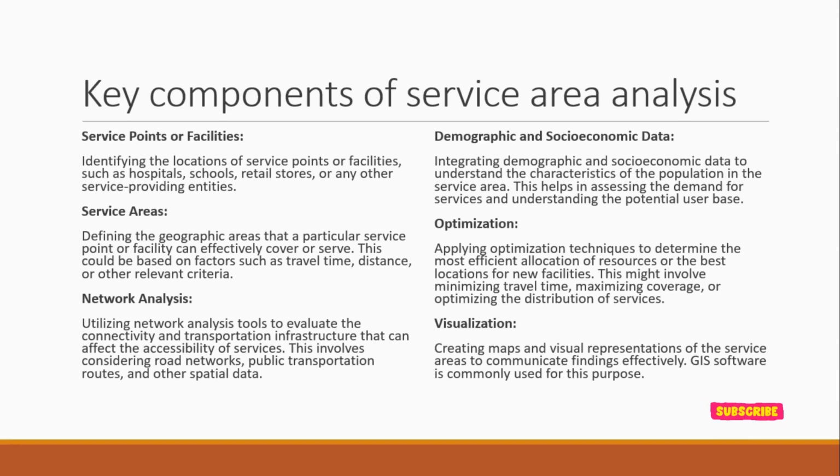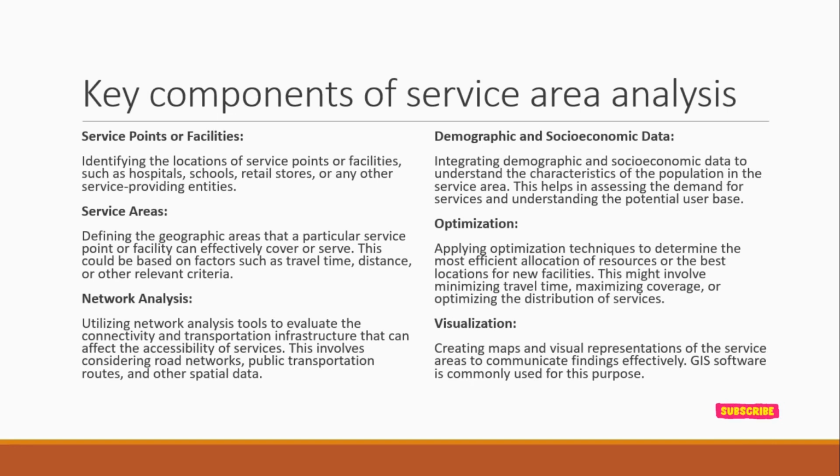So this could be based on factors such as the travel time, as we said earlier, the distance or other relevant criteria. And we also have the network analysis. This one is used to evaluate the connectivity and transportation infrastructure that can affect the accessibility of services.